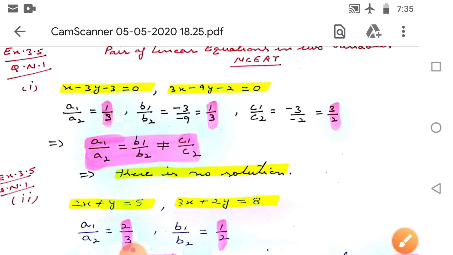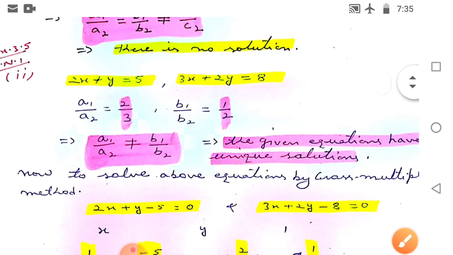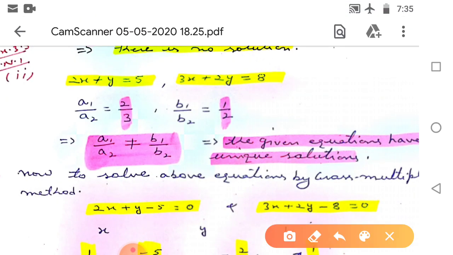Now come to second part of this question, and the given two equations are 2x plus y is equal to 5 and 3x plus 2y is equal to 8. So again a1 upon a2 is 2 by 3, okay, b1 upon b2 is 1 by 2, right?